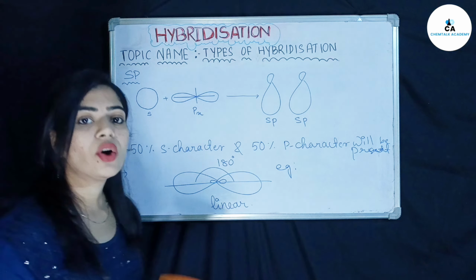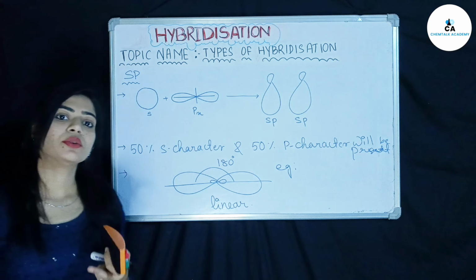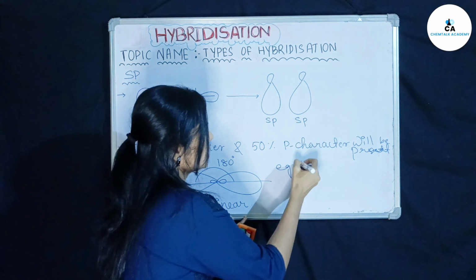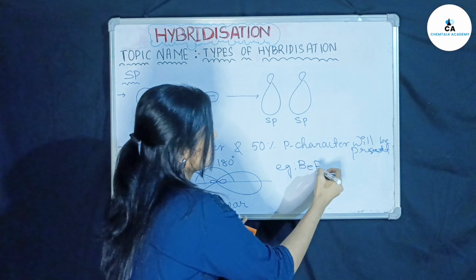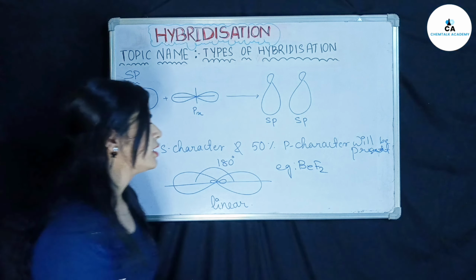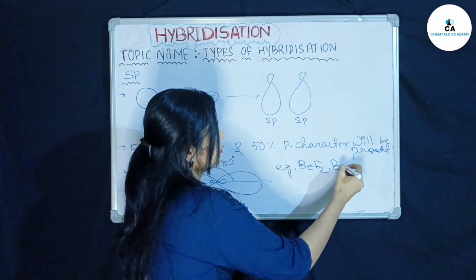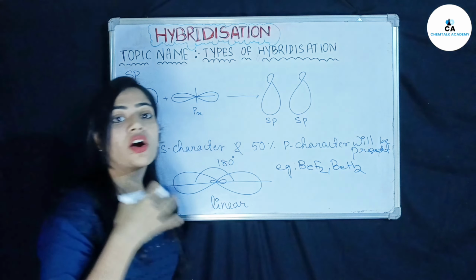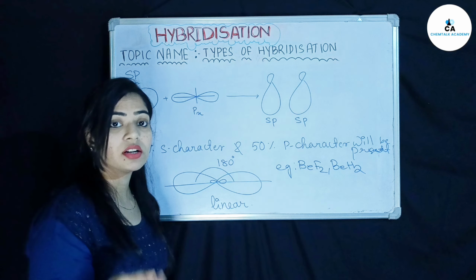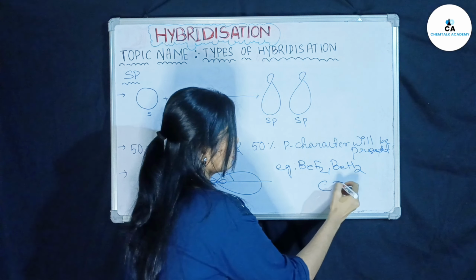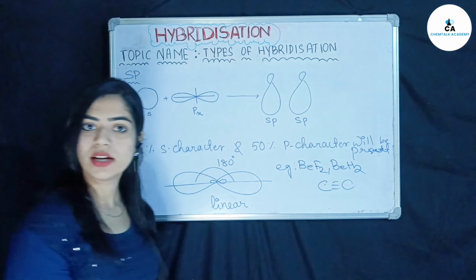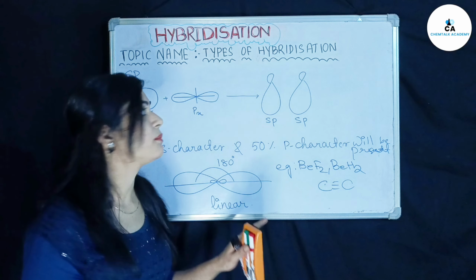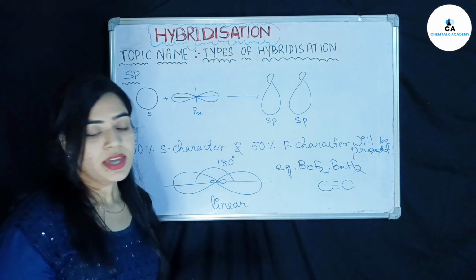Examples: we can take all the molecules of beryllium, like BeF2 and BeH2, or else all the carbon compounds which contain a carbon-carbon triple bond. These are examples of sp hybridization.